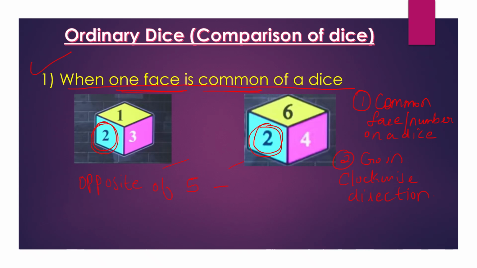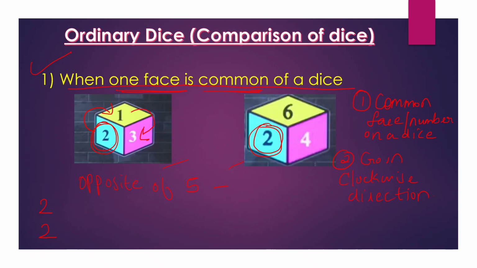Correct? The second thing is to go in the clockwise direction. When you go clockwise from 2, you get 1. Then from 1, going clockwise, you get 3. So write down 2, the common face of both dice, first in the first dice, and 2 again in the second dice.